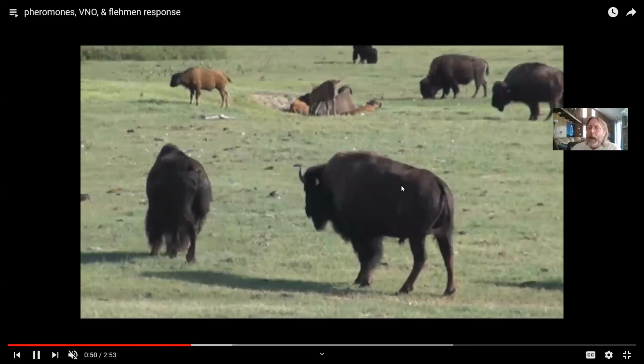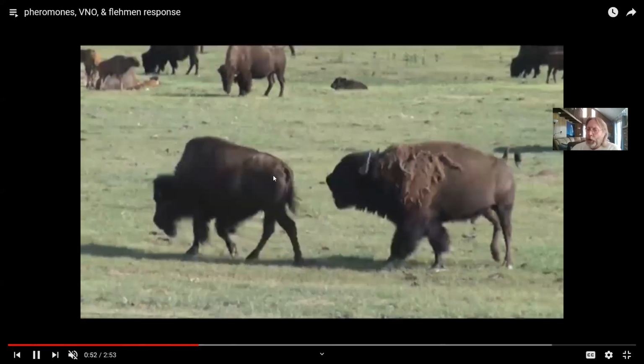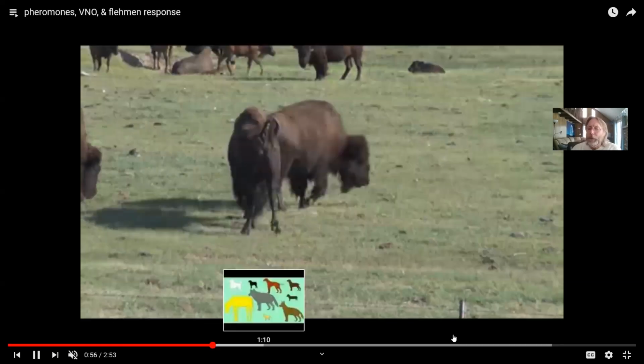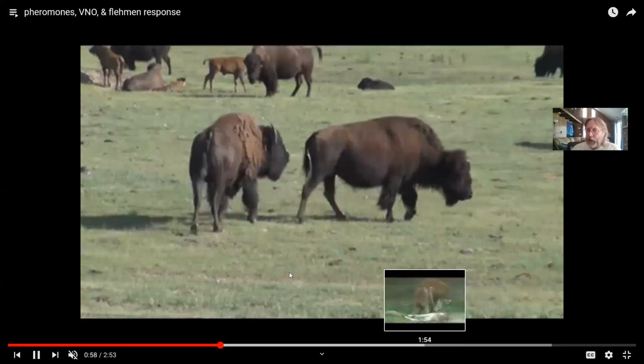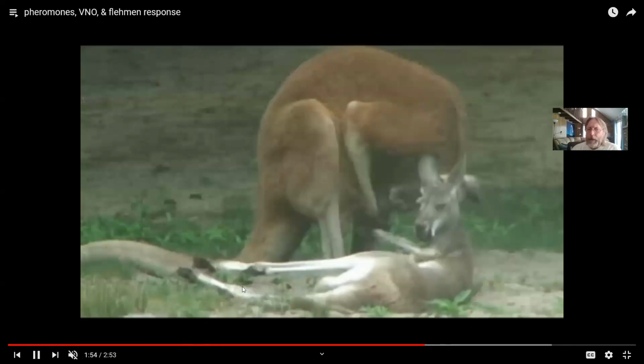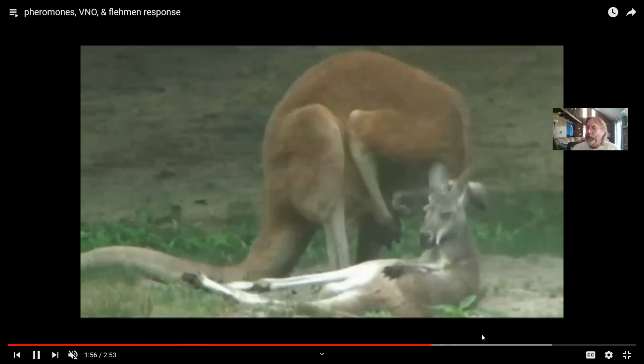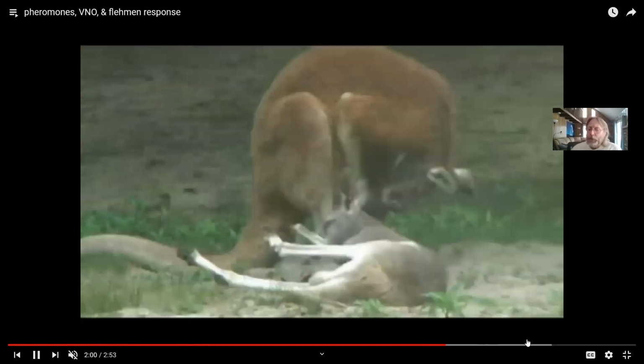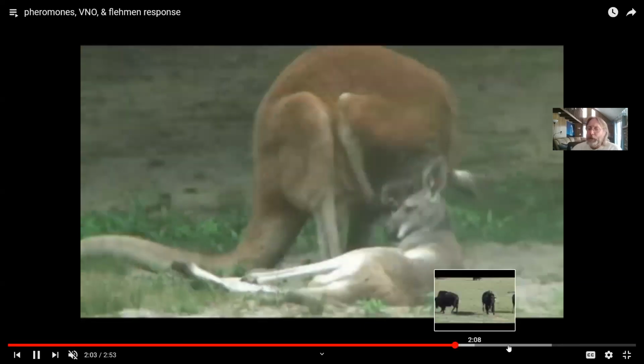So individuals perceiving these pheromones are getting a lot of information about the animals that they're sharing time with. And once again, for nocturnal animals, that's very important.